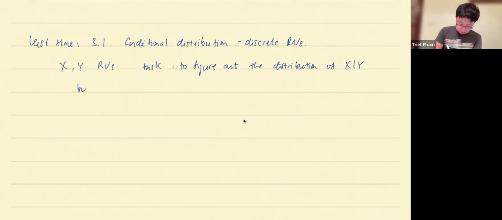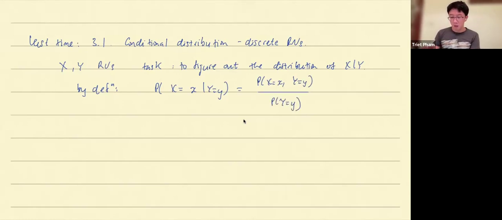So by definition, you can of course write something like this. But as I explained last time with a lot of examples, this is not enough a lot of times. After you do this, you have to manipulate and work out the calculation to be able to say meaningfully what the distribution is.